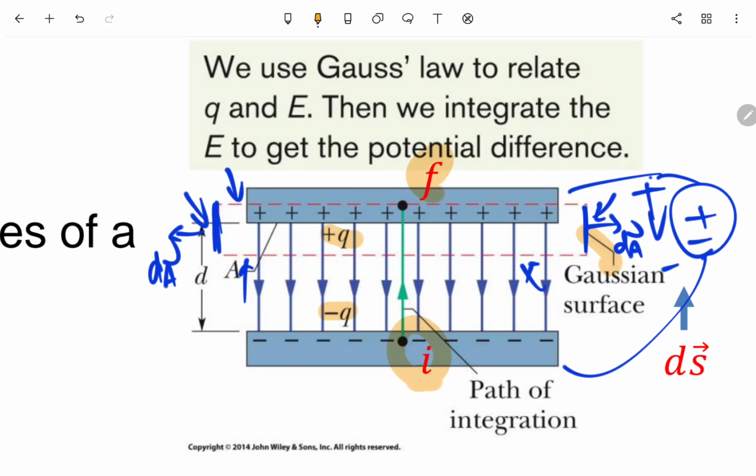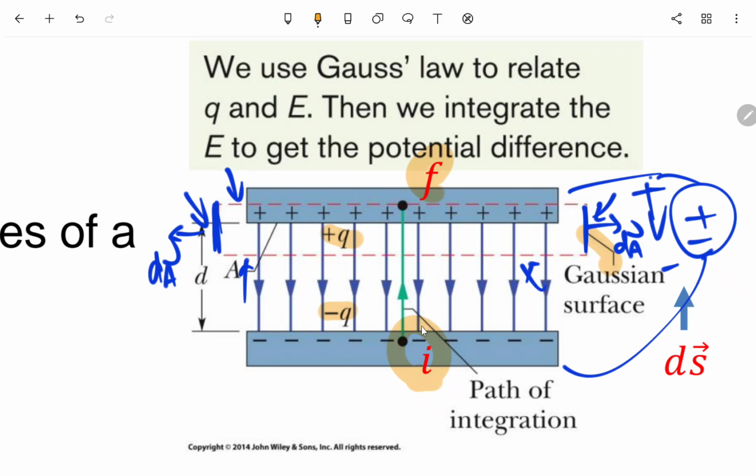As we know, the E field will be pointing downward, starting from the positive charges to the negative charges. Based on plus Q on the top and negative Q at the bottom, we already know that the E field should be uniform and pointing downward all the way inside this region.